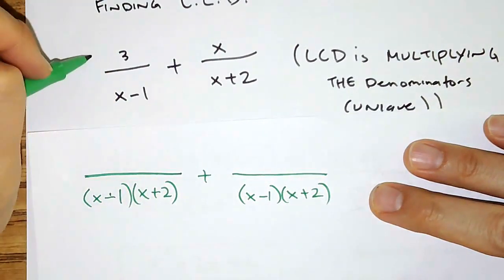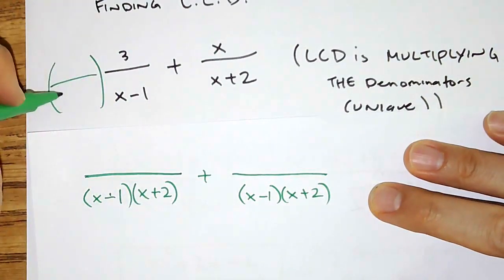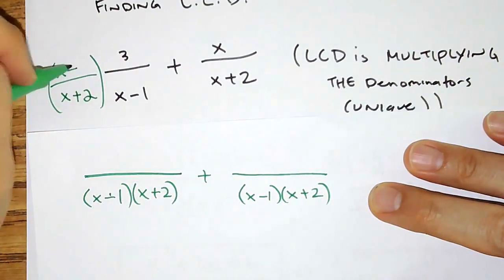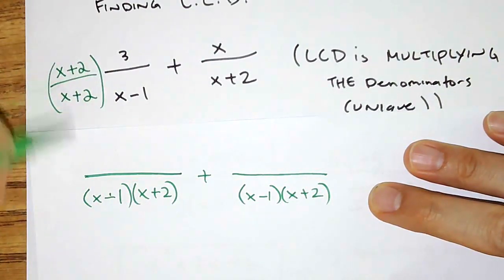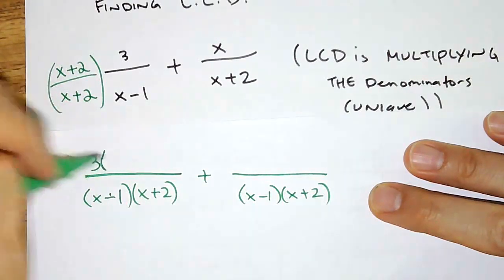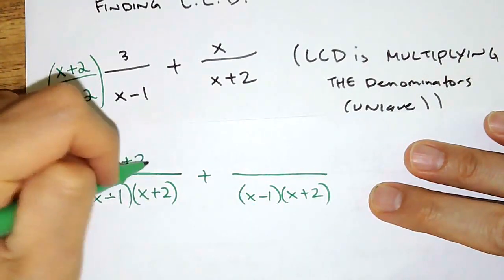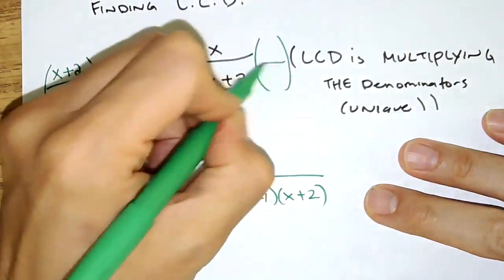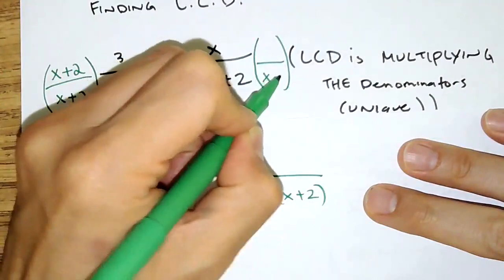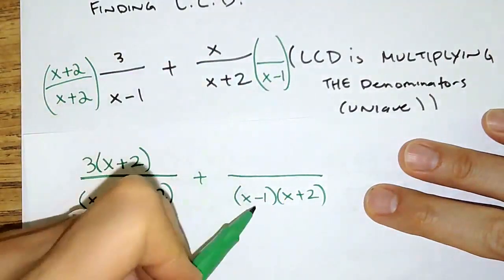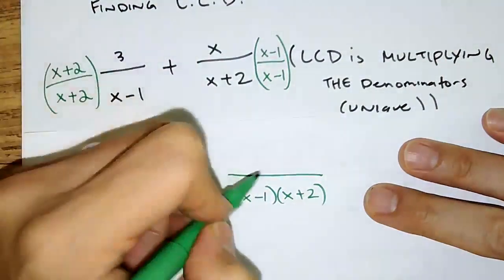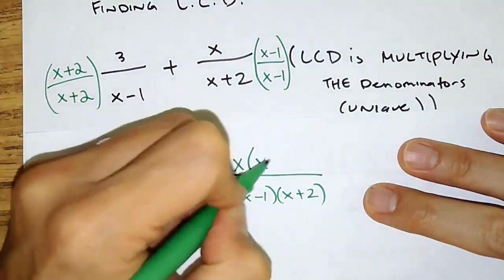So since I multiply by x plus 2 on my bottom, in my denominator, I have to multiply it to my numerator as well. So this is a 3 times x plus 2. Likewise, here I multiplied by x minus 1 in order for me to get this denominator. So I need to multiply x minus 1 on top. So it's x times x minus 1.